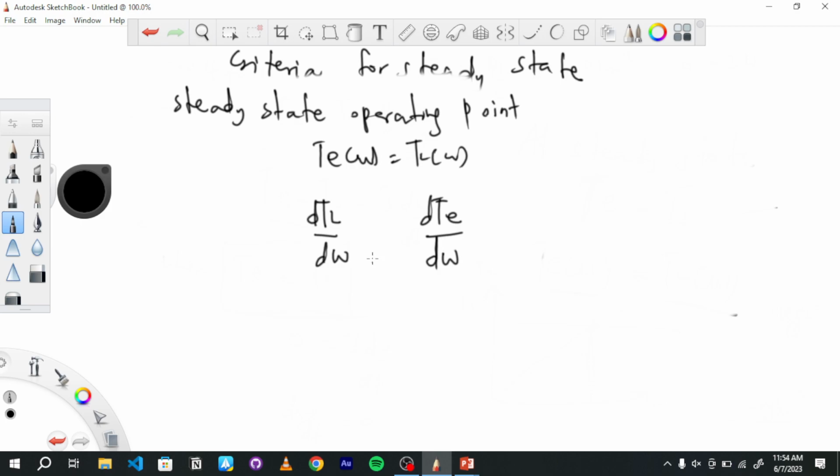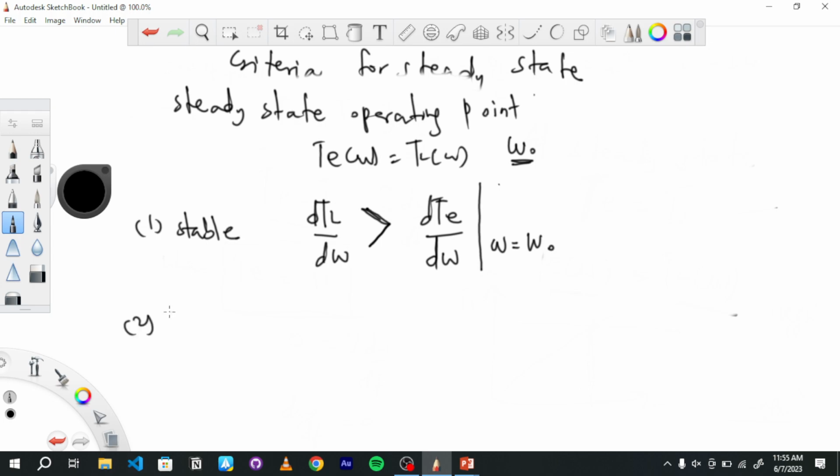This is evaluated at the steady state speed, which I call omega naught. The operating point is stable when dTL/d omega is greater than dTE/d omega at the operating point.